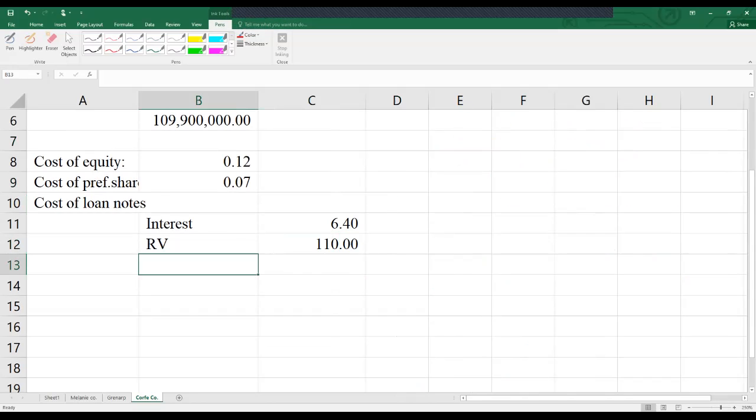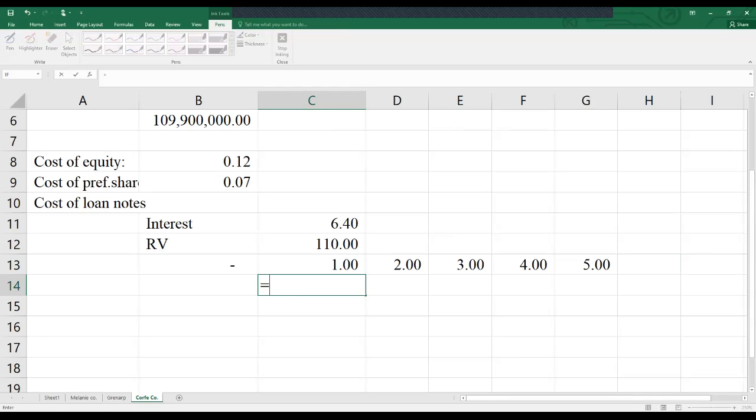Okay, therefore I want to use the IRR formula. I put in year 0, and how many years? 5 years: year 1, year 2, year 3, year 4, year 5. From year 1 all the way to year 4, I'll be getting an interest equal to 6.4.